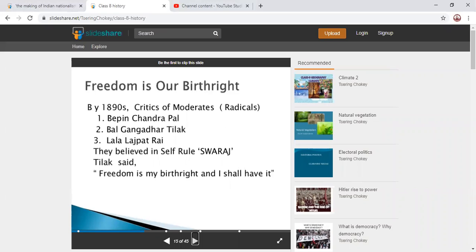Radicals: that group of members of the Congress who opposed the British Empire and were not satisfied with the methods of the moderates.